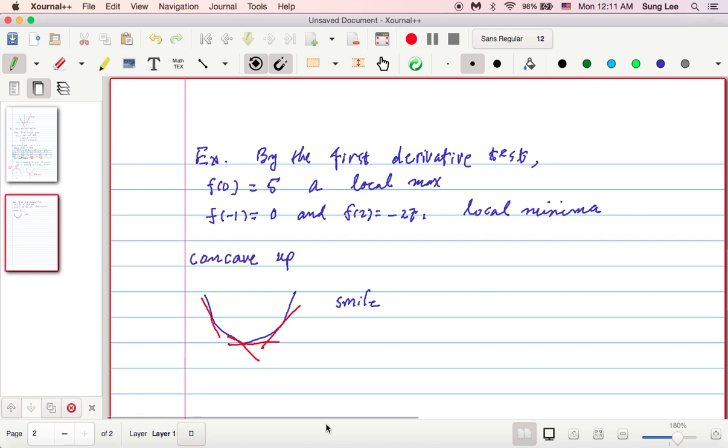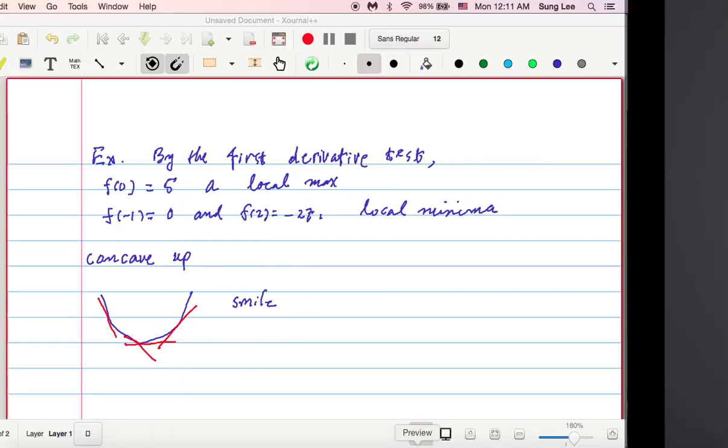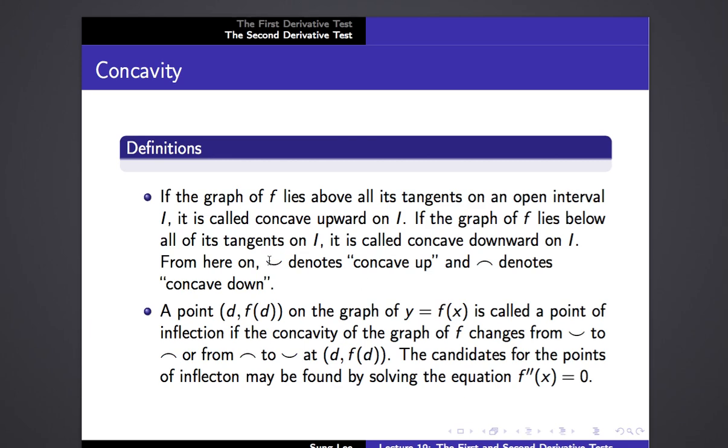So that's what it said. When you look at this kind of simple picture, you can easily understand the concave upward case: the graph lies above all its tangents on an open interval. On an open interval means, locally, the shape is going to be like this.